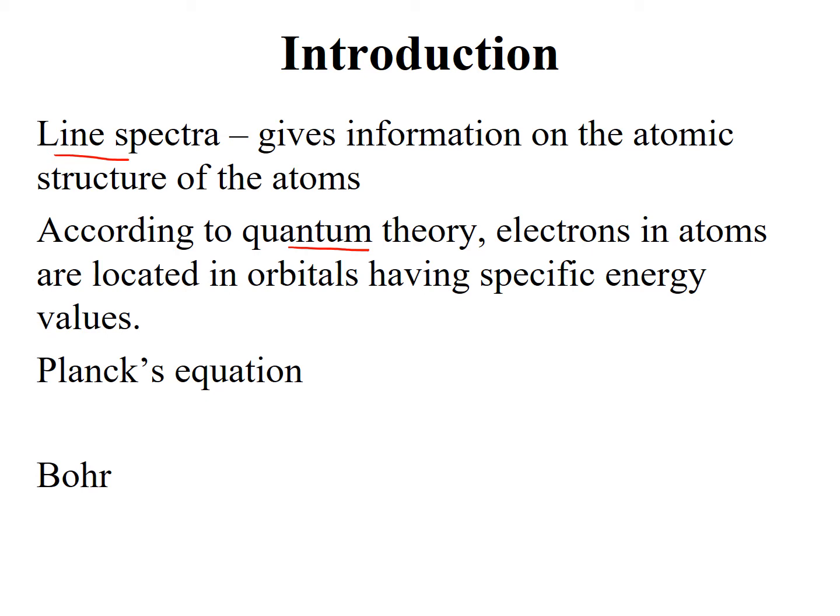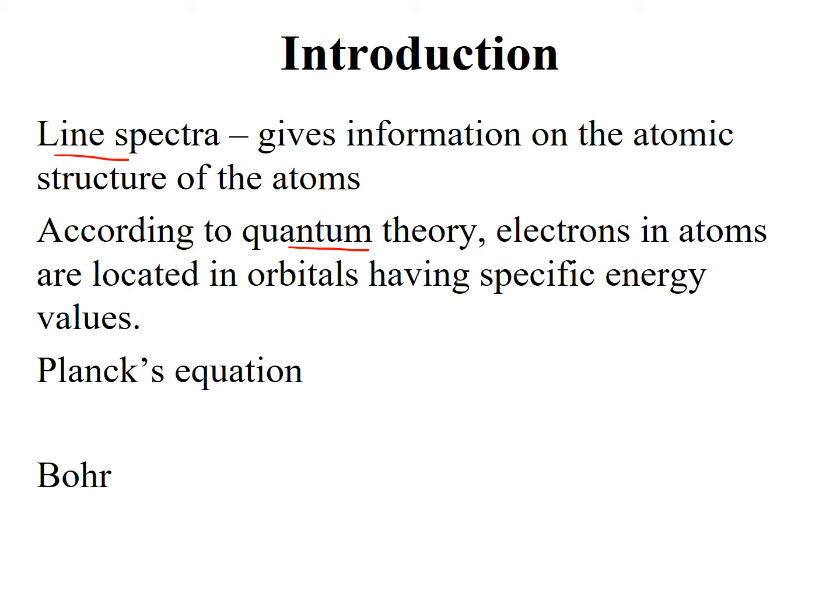When the atoms absorb or emit energy, electrons can jump to a higher or lower energy level. Thus, the energy of electrons in the atom is quantized. In going from a higher energy level to a lower energy level, the atom will emit electromagnetic radiation whose energy is equal to the difference in energy of the two levels.